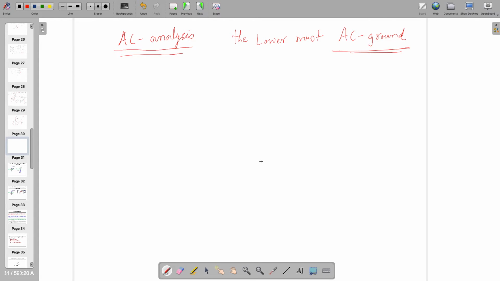That is what we are looking for. Let's assume this is the configuration you are using. I need to find out which kind of configuration it is, so I need to look at the terminals and see which terminal has AC ground or the lowest potential among all.